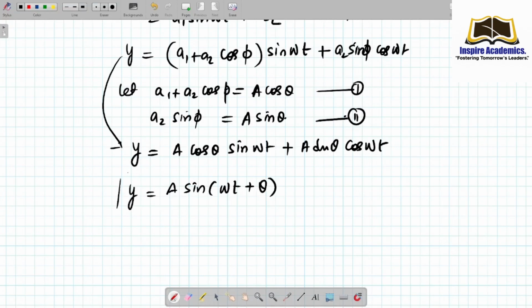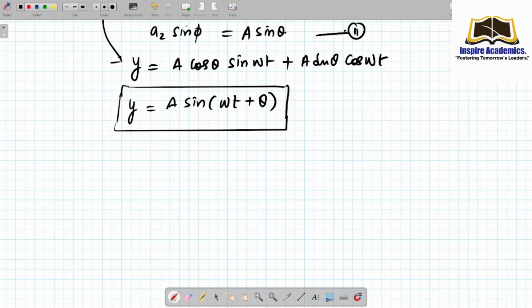Now this gives me a reasonable understanding that after superposition, my resulting wave is also a similar type of wave with the same frequency, but with a different phase difference, which I say theta.